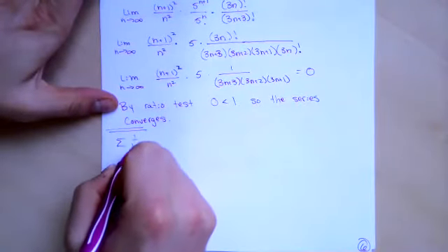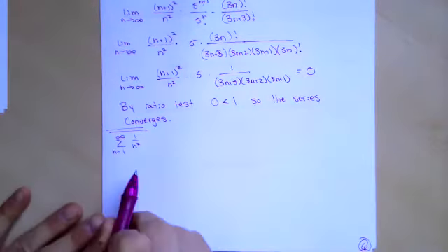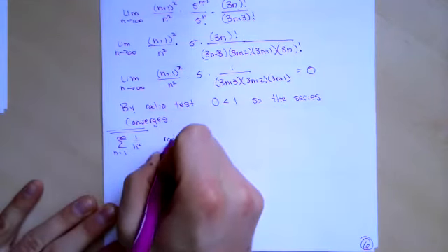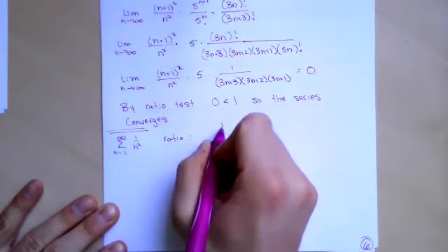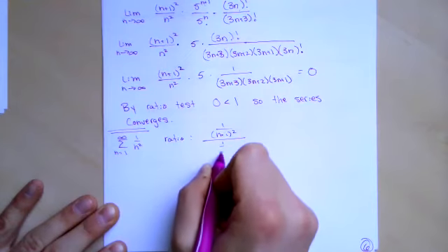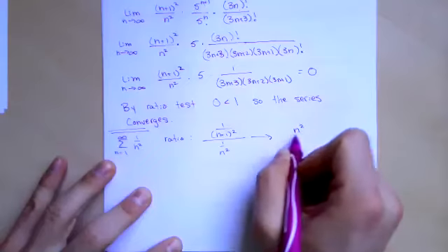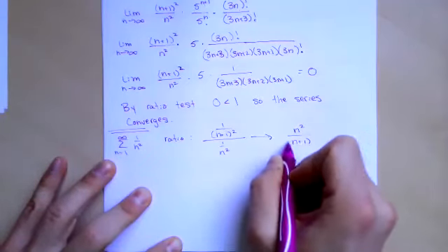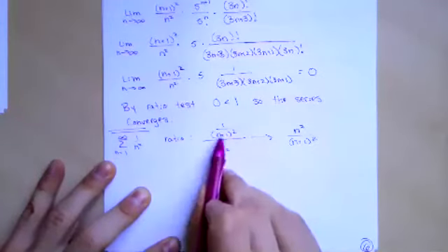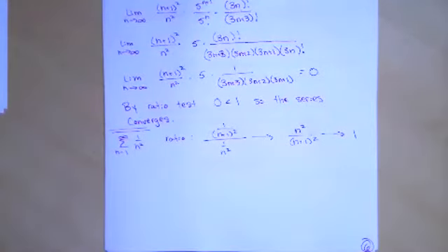if I have the series of 1 over n squared, I know it converges by the p-test. But if we check the ratio test, when I flip the denominator, it'll be n squared over (n plus 1) squared, and that's going to go to 1.